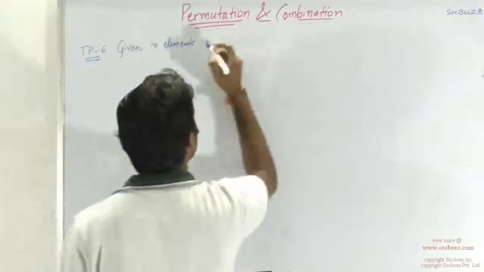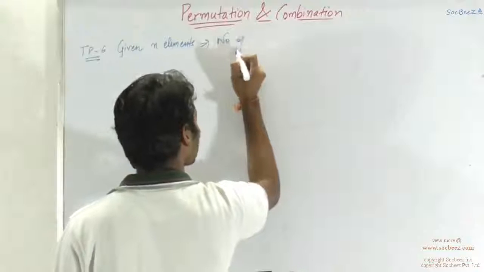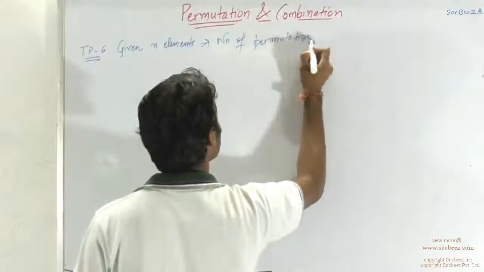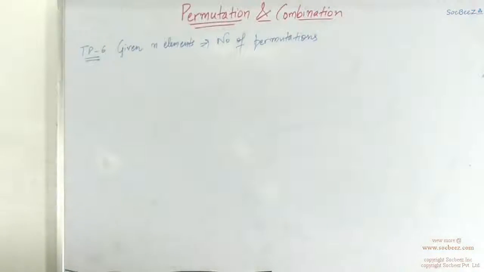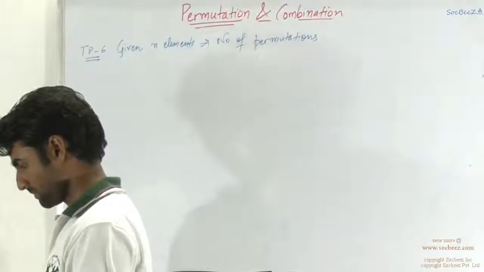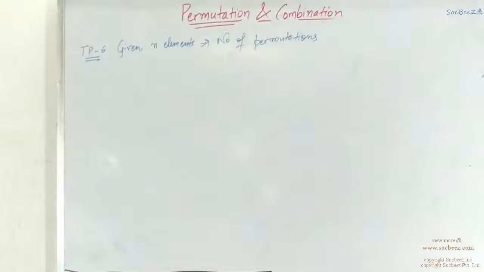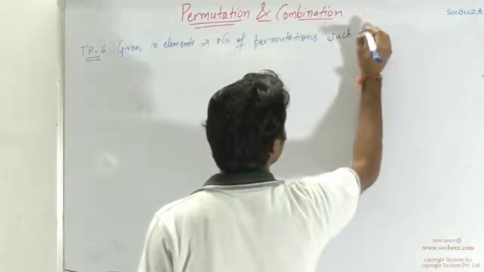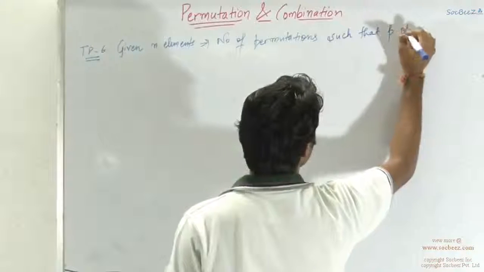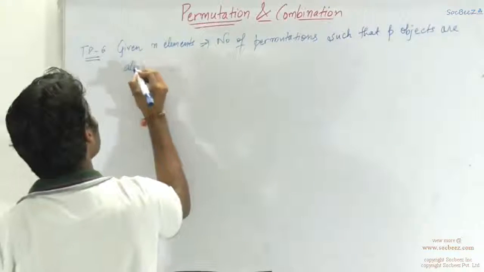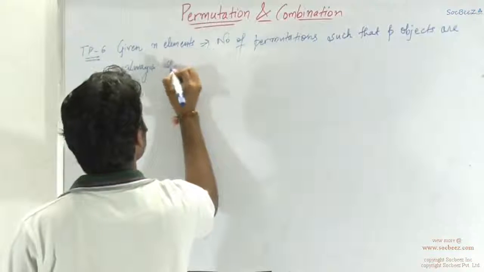Given n elements, the number of permutations such that p objects are always separated.